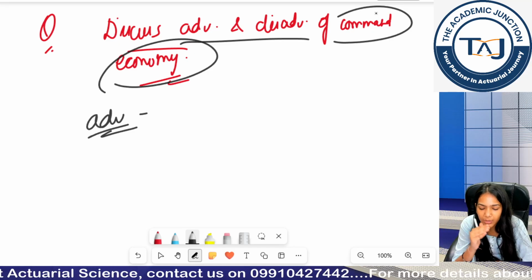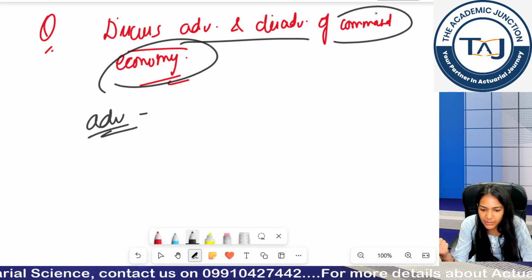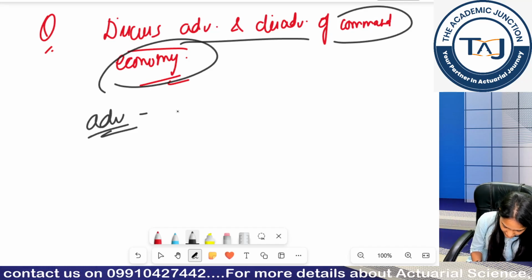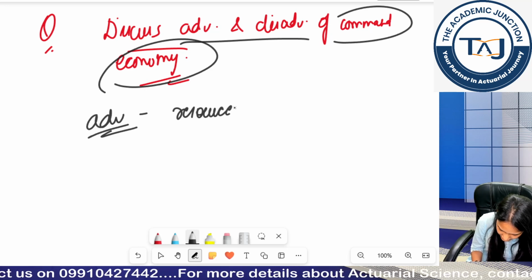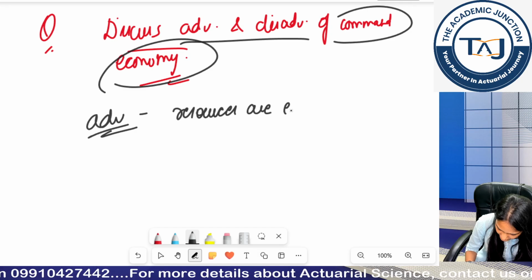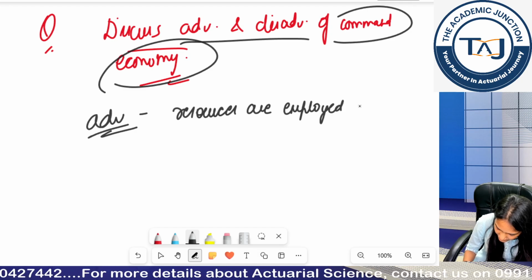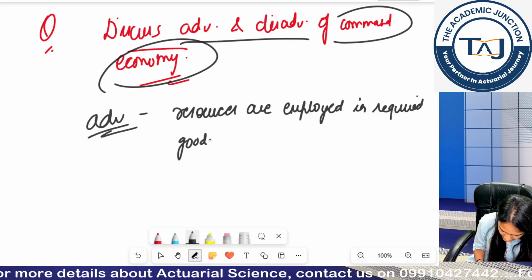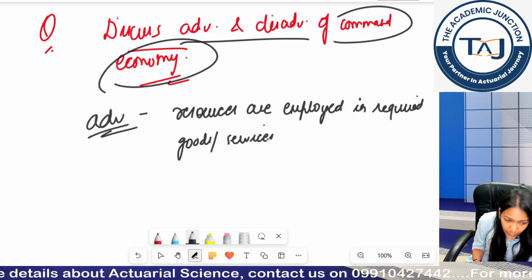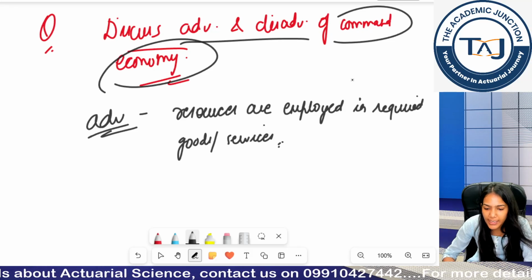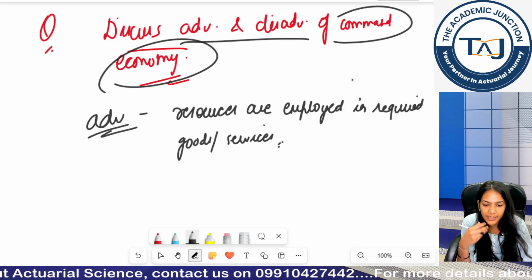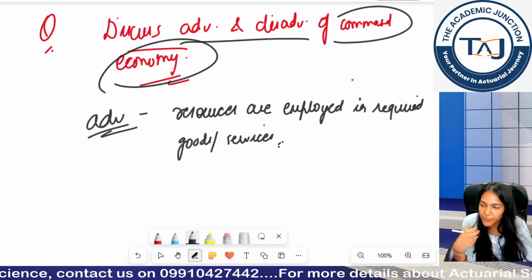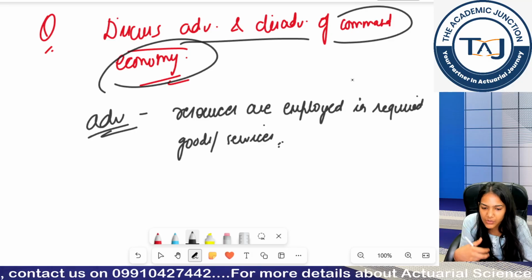Now I will talk about the centrally planned issues. Unemployment, efficiencies. So the advantage could be that my resources are employed in the required goods or services. For example, if in an economy the government takes most of the decisions, cigarettes could be banned or not produced.